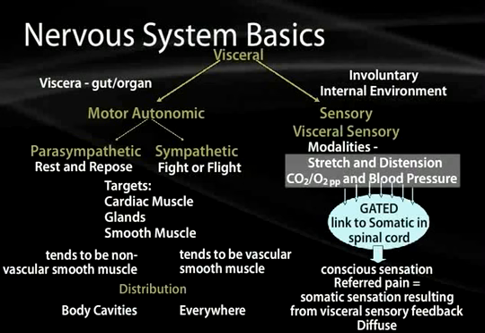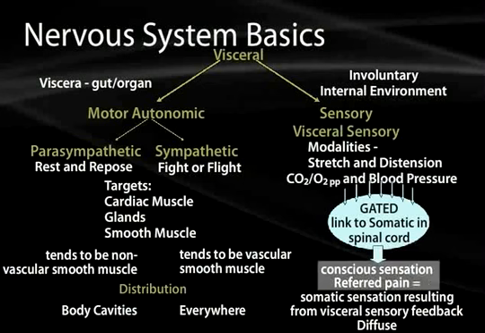These are what's called a gated system, and they have links to the somatic system in the spinal cord, and we'll talk about how that referred pain occurs from that link in the spinal cord in a few moments. So what they need is they need a lot of input in order to reach this gated threshold in order to get a firing from a visceral sensation up through that link in the somatic areas of the spinal cord.